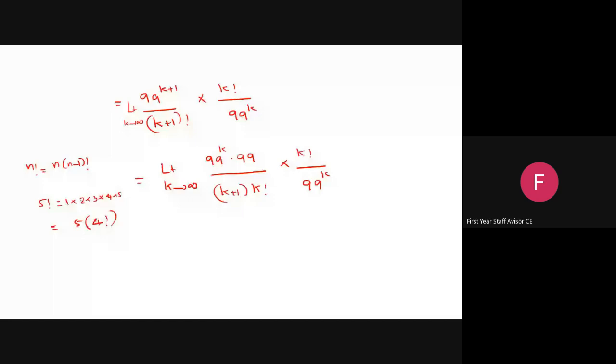That means n factorial can be written as n into n minus 1 factorial.